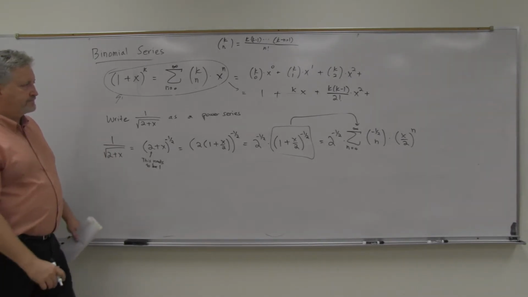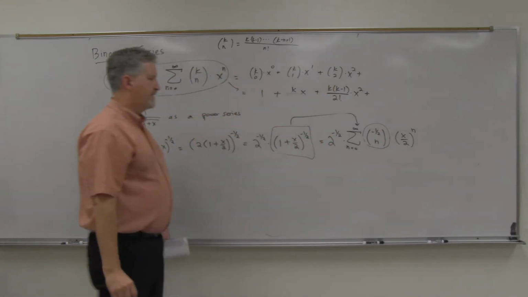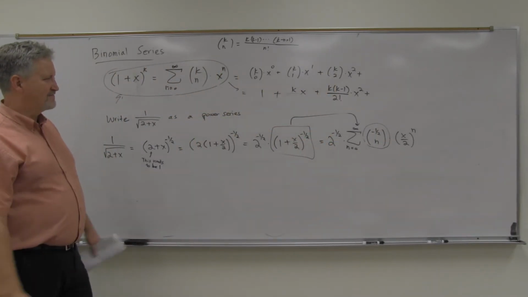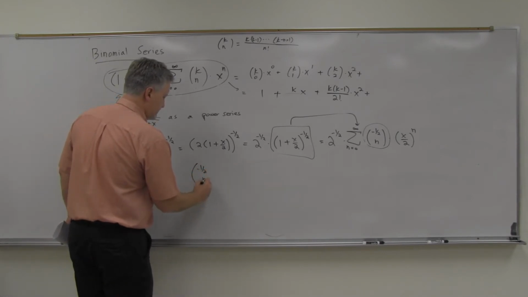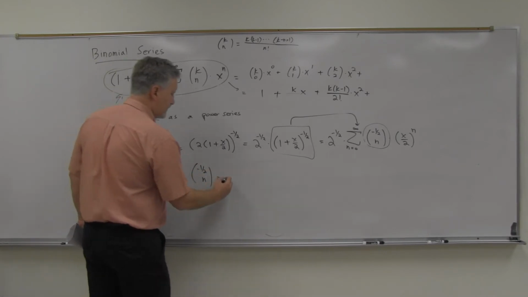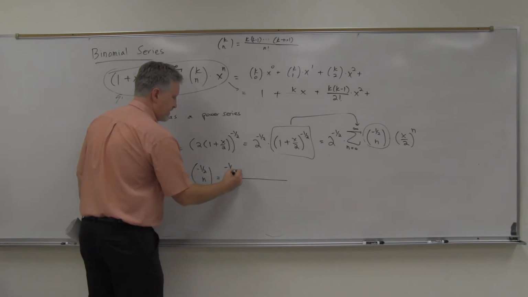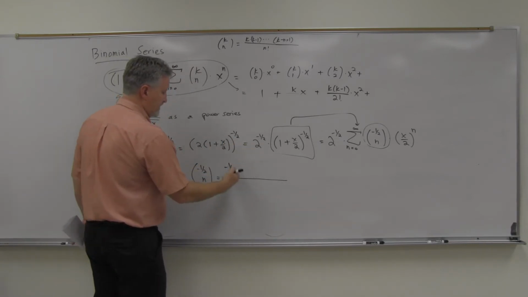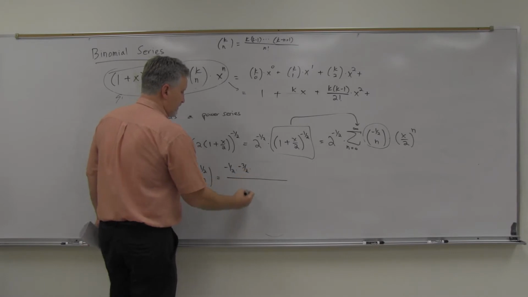All right. Well, let's interpret that, or simplify that. Negative 1/2 choose n. Well, again, what it means is we start at the k, so negative 1/2, and then keep subtracting 1. So that'd be negative 1/2 minus 1, which would be minus 2 over 2, which would be minus 3 over 2.